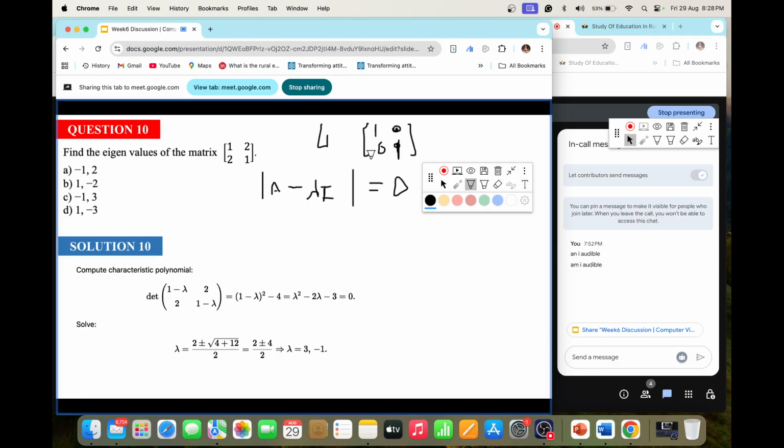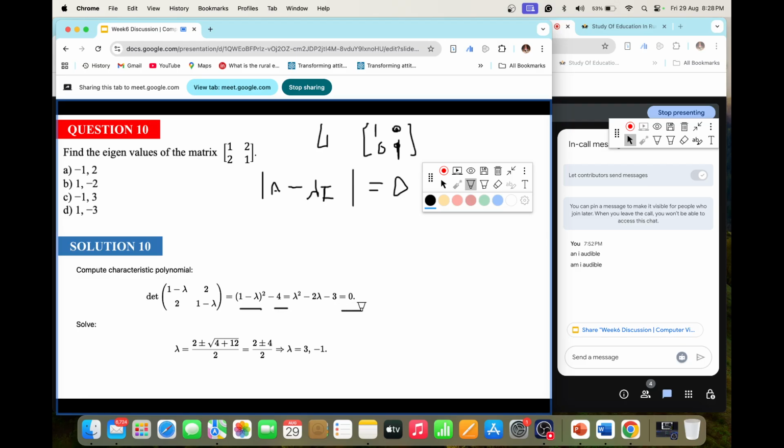This is your I. That is why we subtract only on the diagonal, because the other values are 0, so lambda into 0 is nothing. So we get 1 minus lambda, 1 minus lambda, minus 4. (1 minus lambda) square minus 4 equal to 0, that will be your characteristic equation.